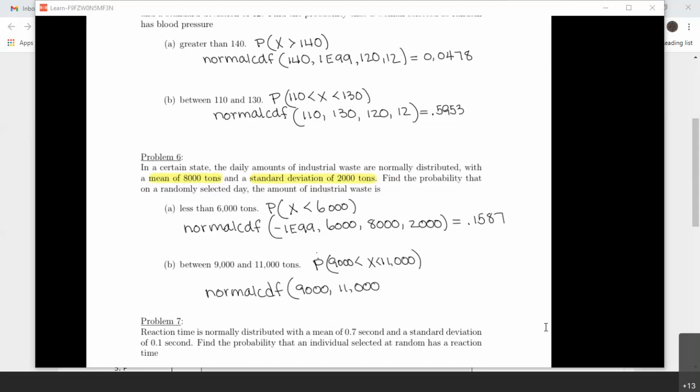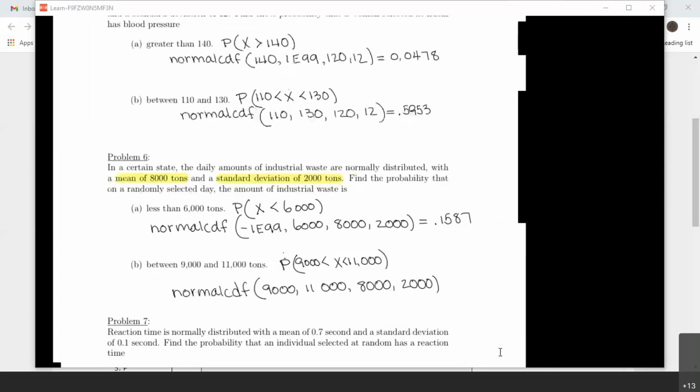Oh yeah, I don't type in commas on the TI unless they're separating things. And then your mean is 8,000. Your standard deviation is 2,000. Okay, what value did you get for B?